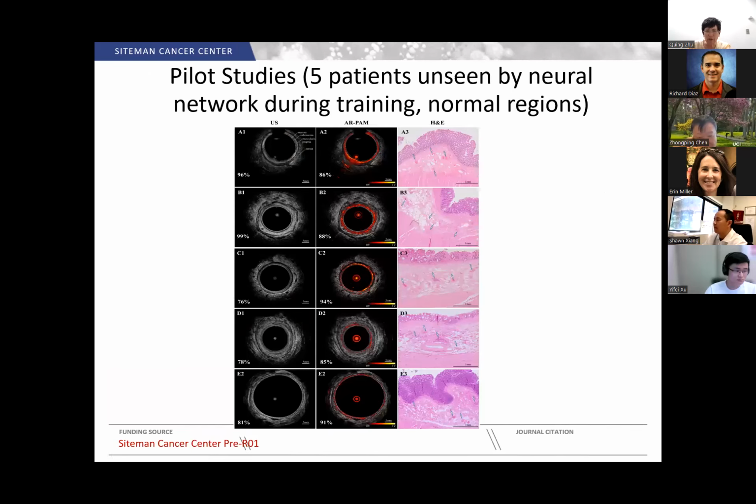With the time, I'll just go on. This is 5 testing cases, but these are all normal regions. You can see that the first column is the ultrasound, which showed a nice layer structure, and the right one is the photoacoustic, where you see a very nice vasculature pattern. Those are the normal regions.